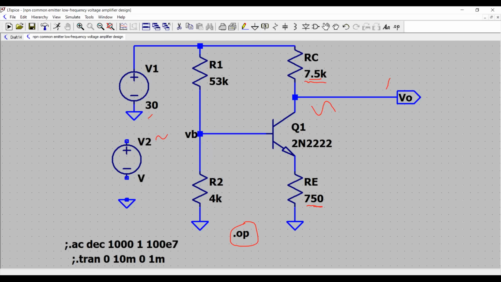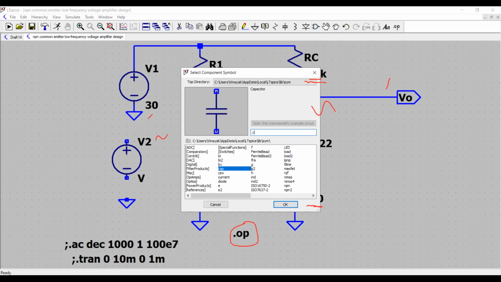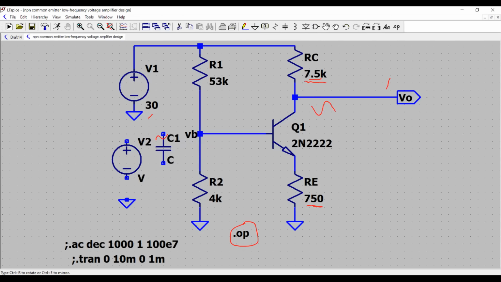Then I need capacitors, so I will look for CAP, and the capacitor comes here. Then I press Control R to rotate, one capacitor here, and one capacitance here.